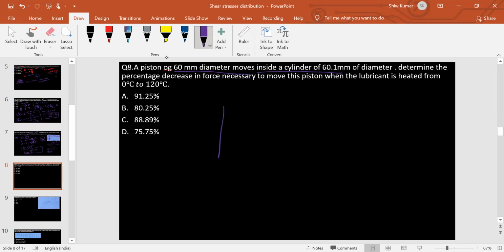So there is a piston ring, and the piston ring is cylindrical in shape, and its diameter is given as 60 mm. And it is moving inside another cylinder of 60.1 mm diameter. So those two cylinders are concentric here.